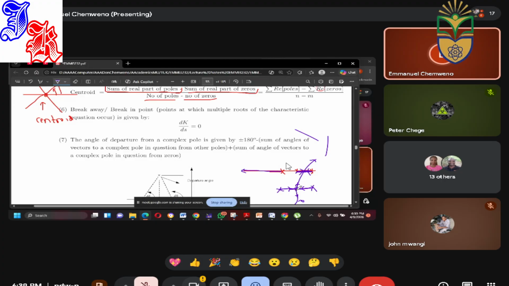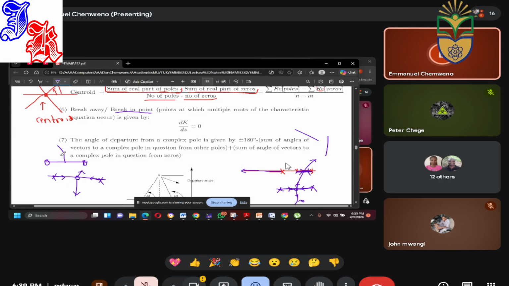This point at which they collide is referred to as the breakaway point. When you have two zeros on the real axis, the pole will take that direction and this will take this direction, and then it will break away at some point known as the breakaway point. How does it go? We are yet to know.